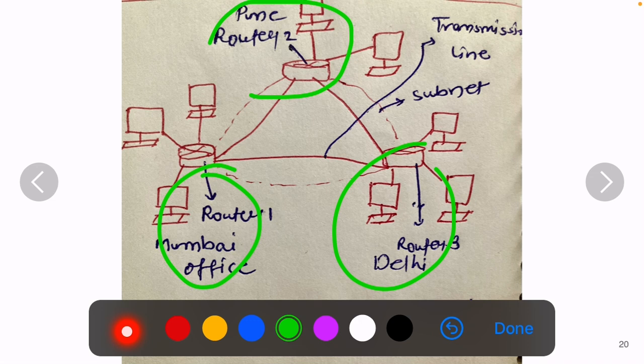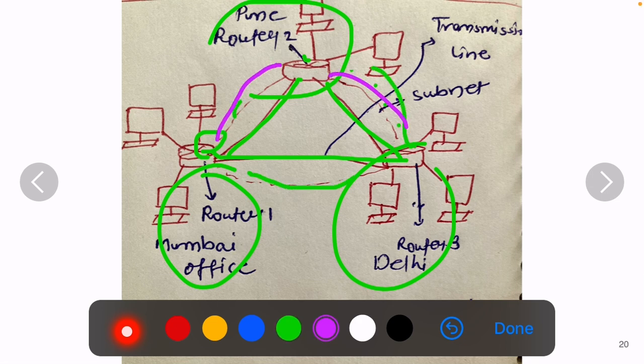You will see there is one router at every location, connected with the help of a transmission line. And there is also a subnet. This pink dotted line is known as the subnet.